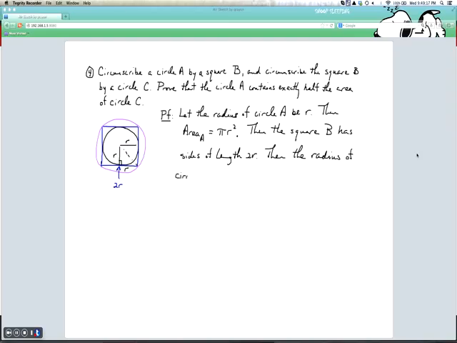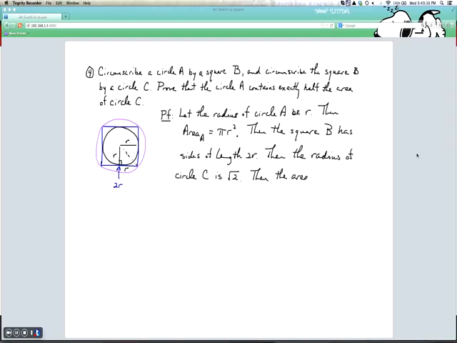So then the radius of circle C is square root of 2. Then notice how we're just chaining together a bunch of then statements. Oh, well, if that happens, then this happens, then this happens.